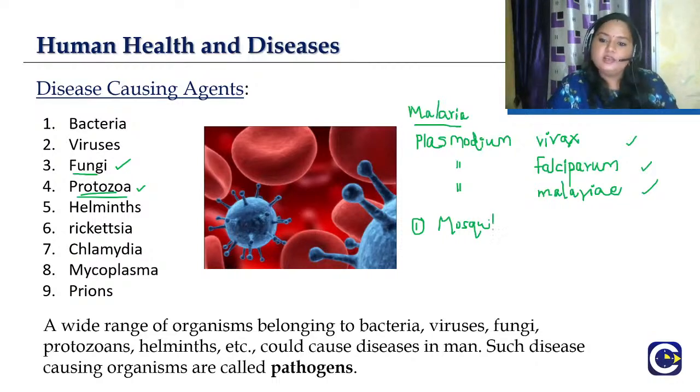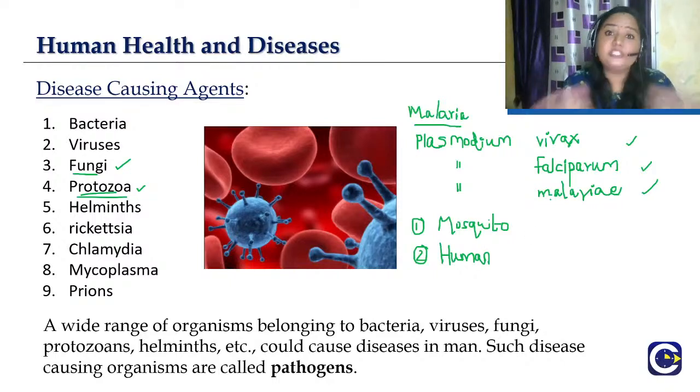The mosquito acts like a vector and human is the final host where the disease gets severe. If you look at the two stages of this Plasmodium infection, let's take how it infects inside a human.